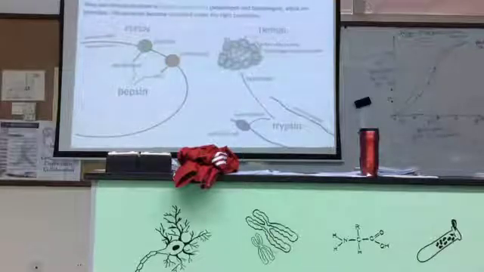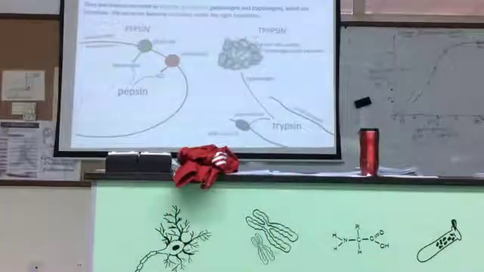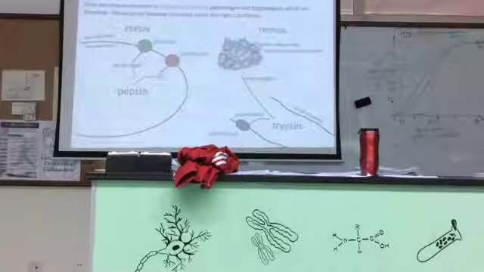Here's the catch. If you think about it, it's not that way. It's that the environment being acidic is able to activate the pepsin. So one of the reasons for the stomach being acidic is in order for pepsin to exist properly, not the other way around. Does that make sense? Yeah.